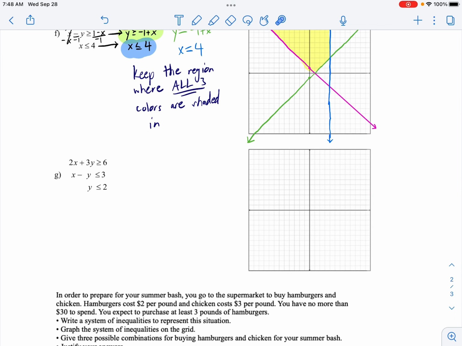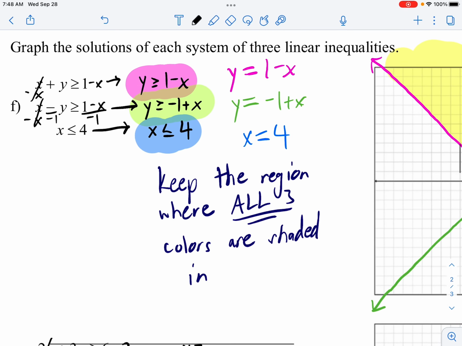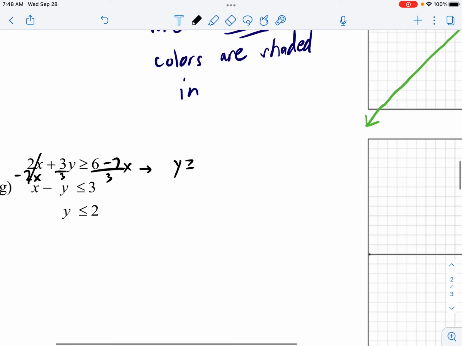Okay? So first, I need everything in slope-intercept form. So that gives me y is greater than or equal to 2 minus 2/3 x.